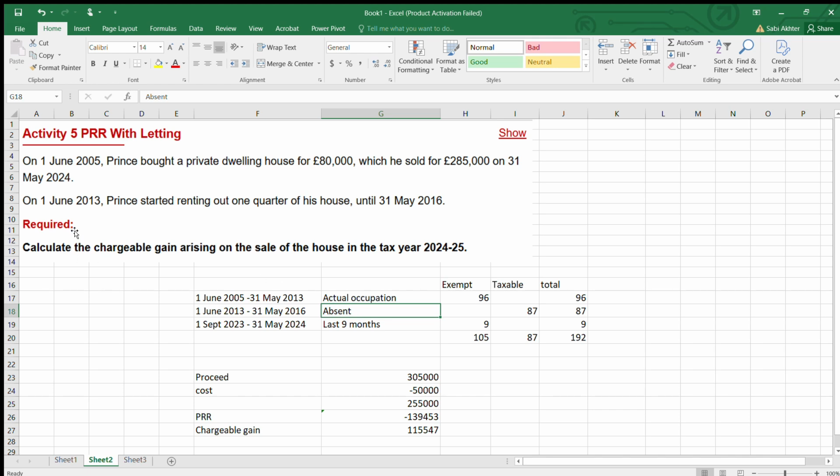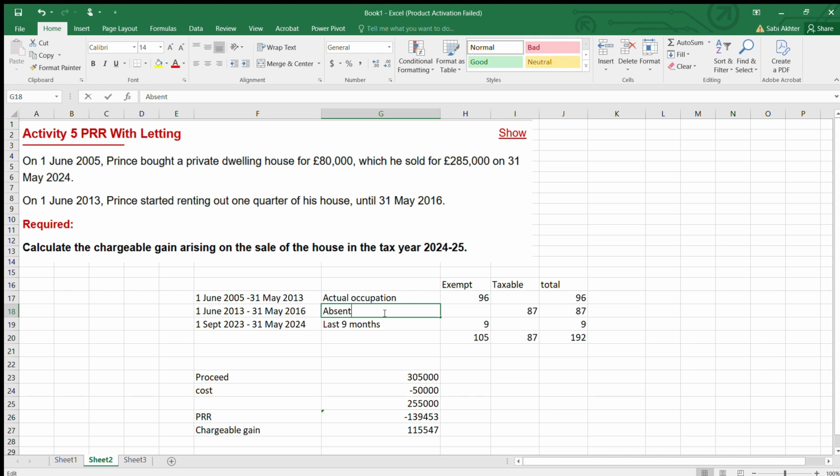So on 1st June, Prince started renting out 1/4 of his house. So the renting out part will be chargeable, but the actual occupation will be exempt. That means 3/4 will be exempt, 1/4 will come under letting of property.